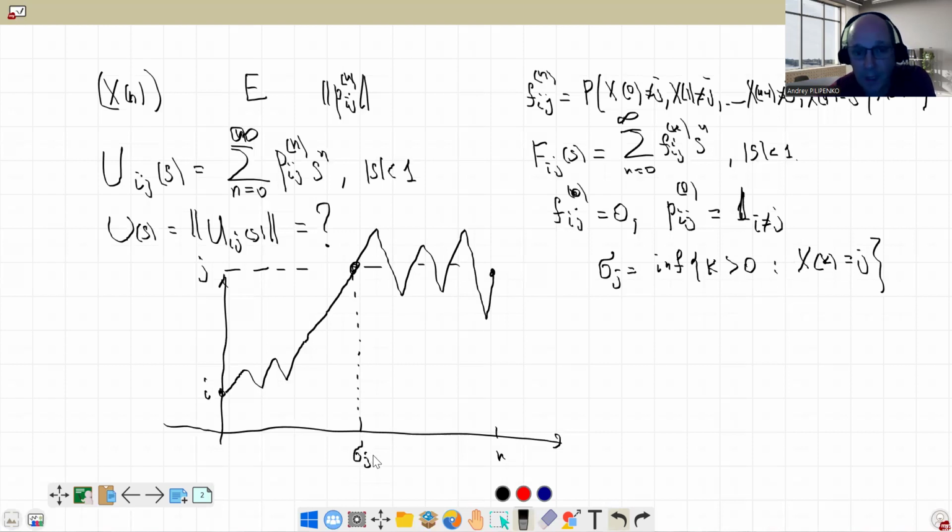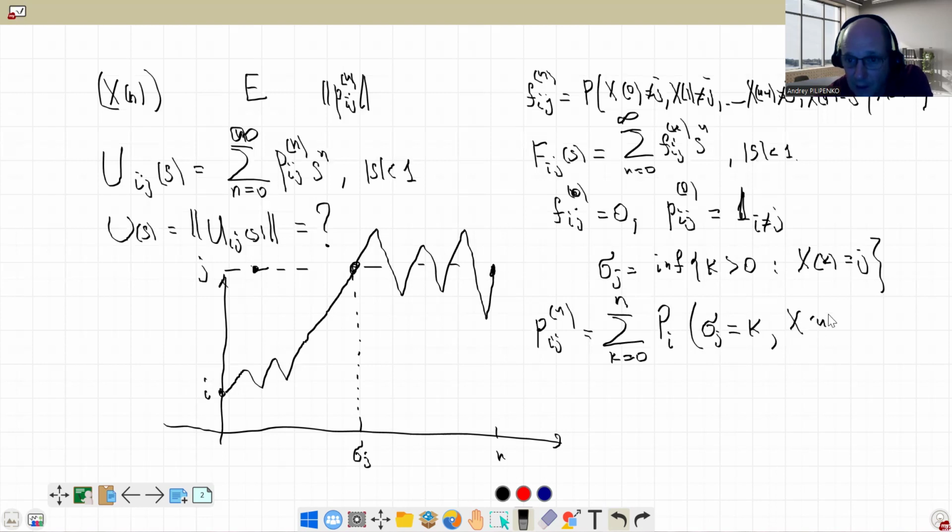This is sigma j. So the probability Pij^n, you are here at the nth instant, is equal to the sum over k from 0 to n of the probability that sigma j is k and xn is j, starting from i.